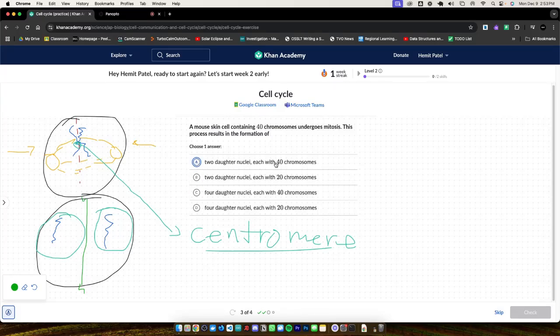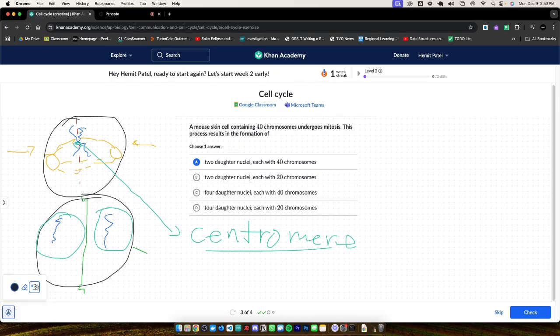So that's how the mouse cell that contains 40 chromosomes can create actually 80 chromosomes, and then 40 of those 80 chromosomes go to each of those two daughter nuclei because the chromatids are separated, and that doubles the amount of chromosomes, which are then distributed to each of the new daughter cells by pushing them to the opposite poles, and then the nuclear envelope is regenerated again, and then obviously the cell membrane is broken apart, and then two daughter cells are created, right?